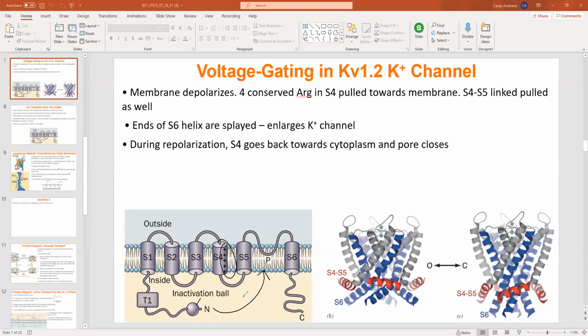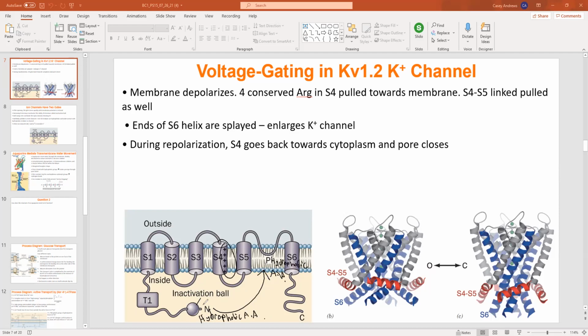And the reason why they interact is because this inactivation ball is hydrophobic amino acids. And at the very opening of the pore, you also have hydrophobic amino acids.